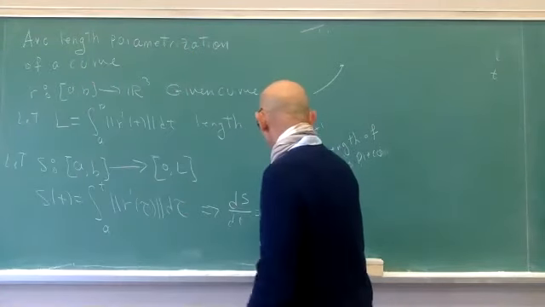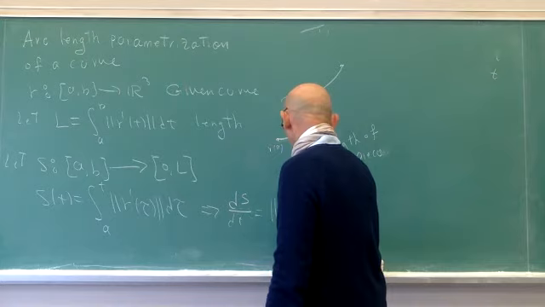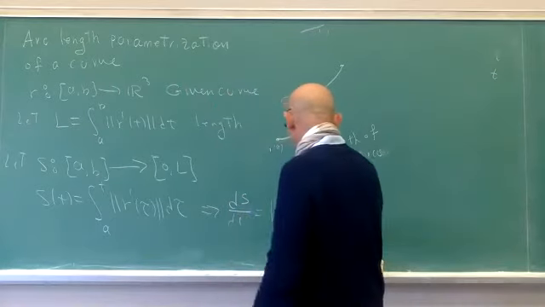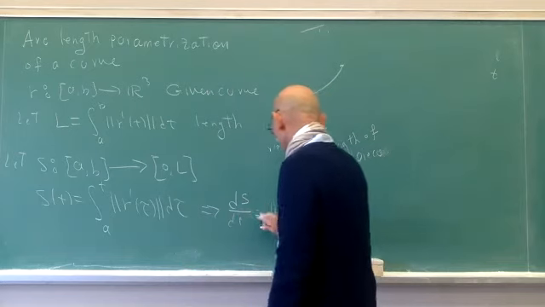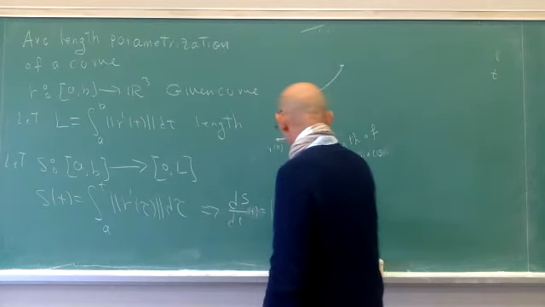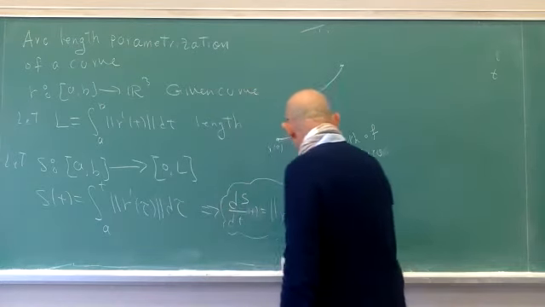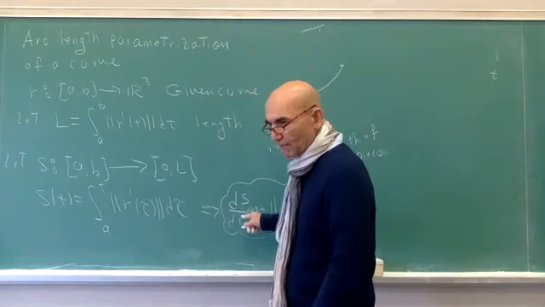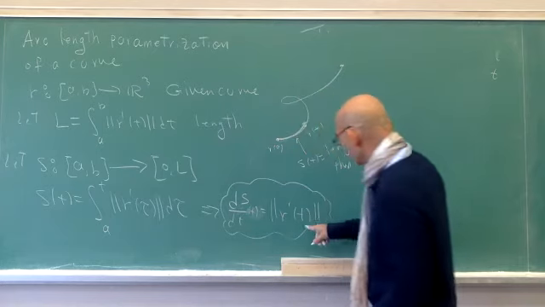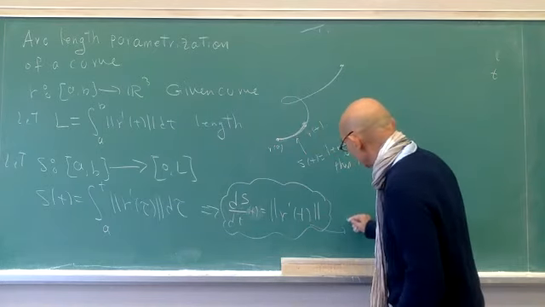This is the norm of R prime of T, not tau now, right? It's T, of course, because it's here T. So this means that the rate of change of length with respect to this parameter is given by a speed. Of course, remember this is a speed.